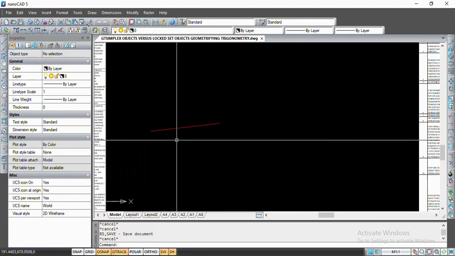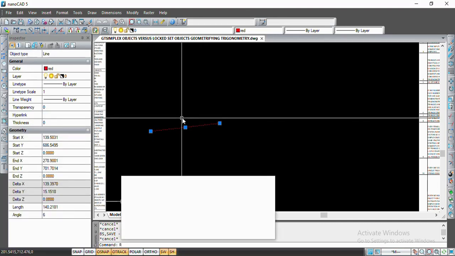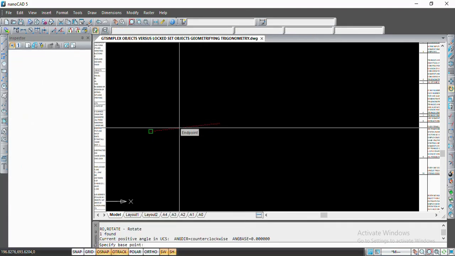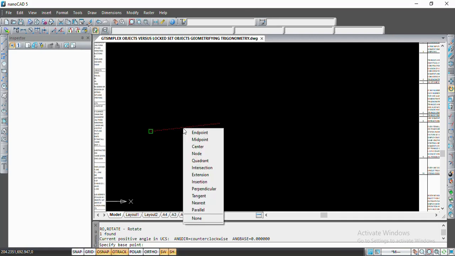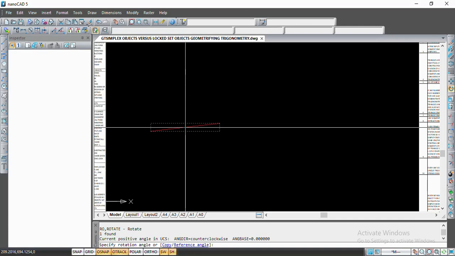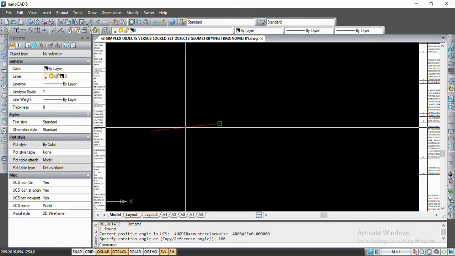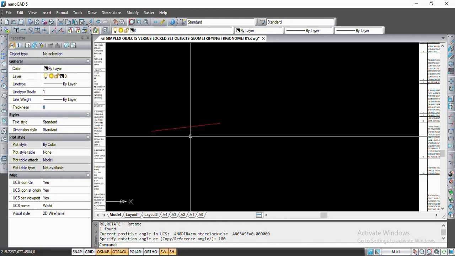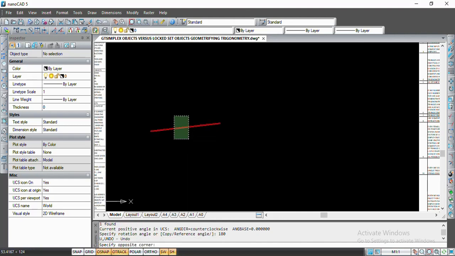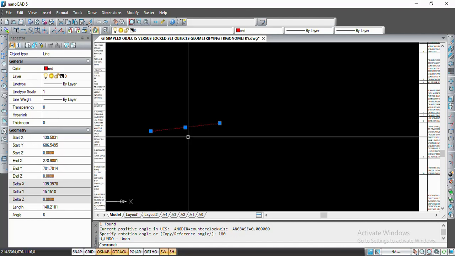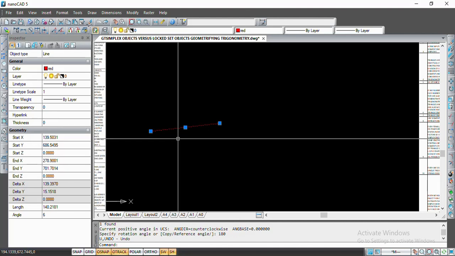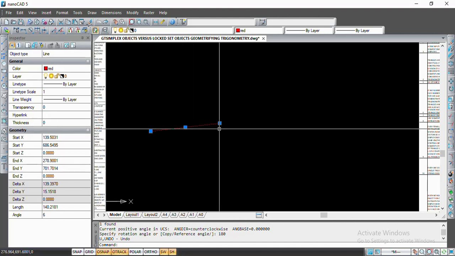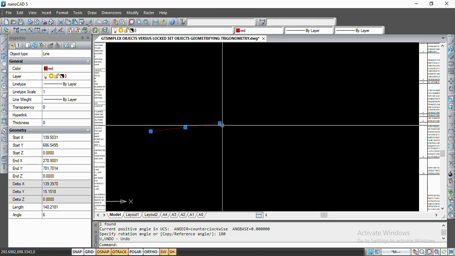This line segment has a starting point and ending point, but if we rotate it by 180 degrees about the center, or if we take the midpoint snap, then we can rotate it 180 degrees, and the start point and end point are shuffled. So this is the line segment, and you cannot visually check whether its start point is on this side or on that side.